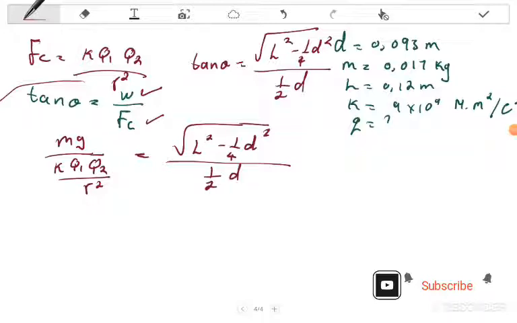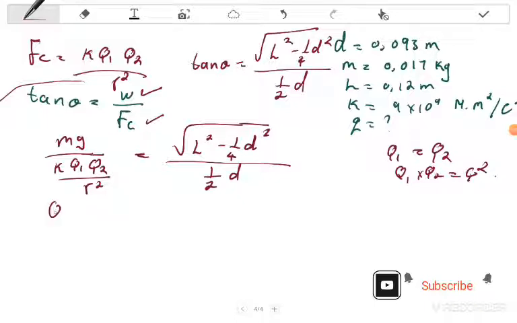So now I'm going to ask you to pause this video and try to simplify this equation and make Q the subject of the formula. Remember that Q1 is equal to Q2, so Q1 multiplied by Q2 is the same as Q squared, right? Okay, so I guess that you got this.